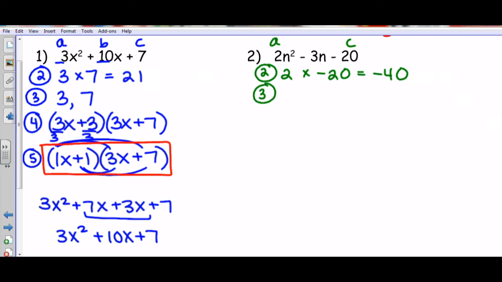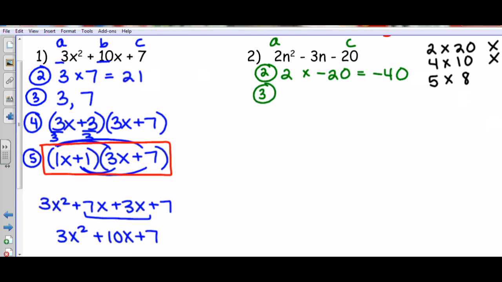So we know 2 and 20, but we already ruled that one out. 4 times 10 will give me 40, but if I add 4 and 10, it's not going to give me 3. I then know 5 times 8 gives me 40. So I can look here, and can I get a negative 3 if I change one of those signs? Okay, and I can.